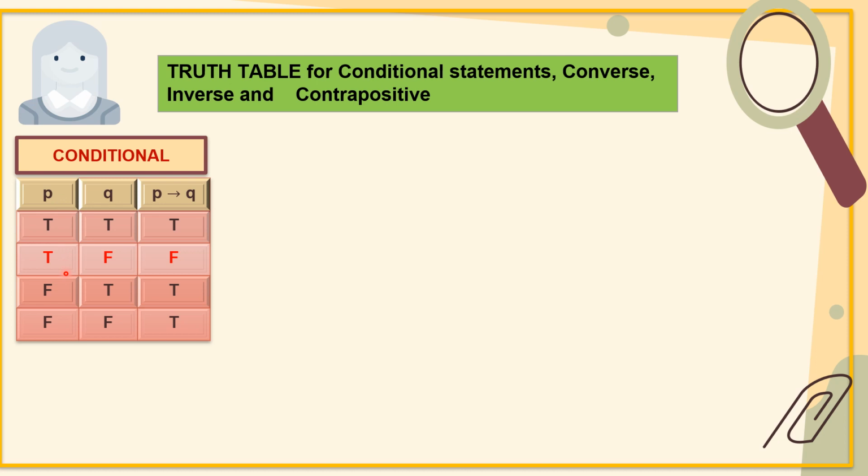If the hypothesis is true and the conclusion is false, then the statement is false. If the hypothesis is false and the conclusion is true, then the statement is true. If the hypothesis is false and the conclusion is false, then the statement is true.